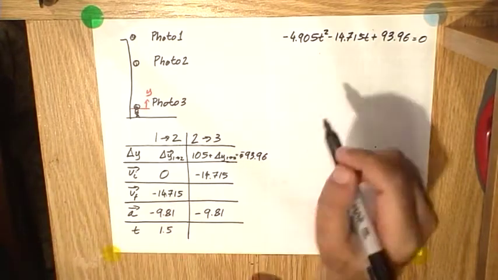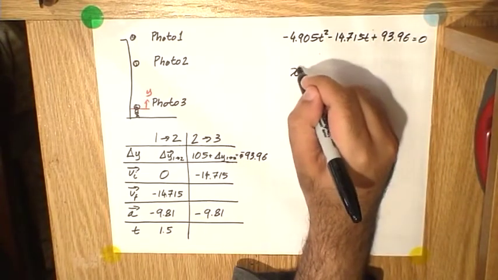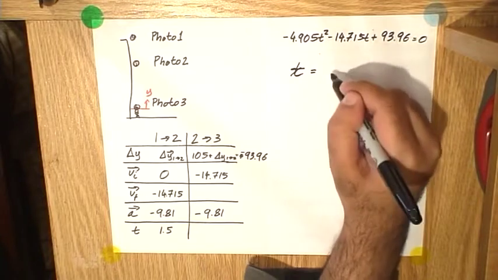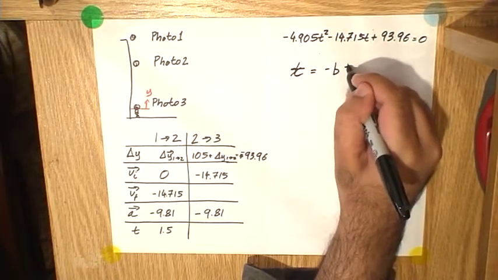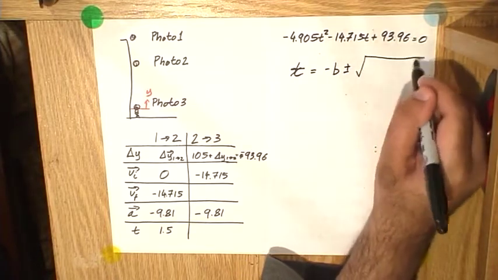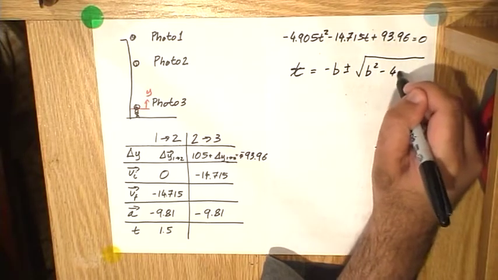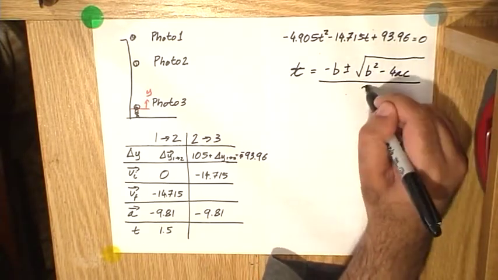To solve this quadratic equation, we would of course use the quadratic formula. We would say that t is going to be equal to negative b plus or minus the square root of b squared minus 4ac, all divided by 2a.